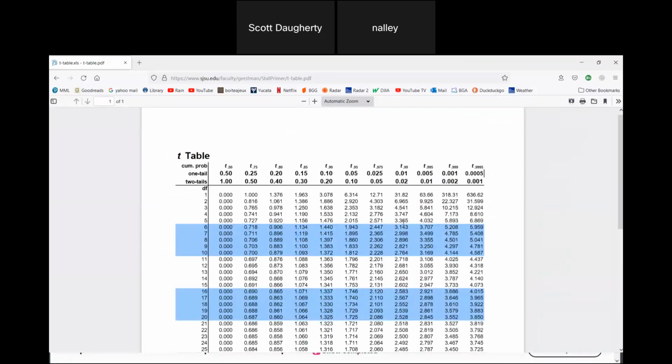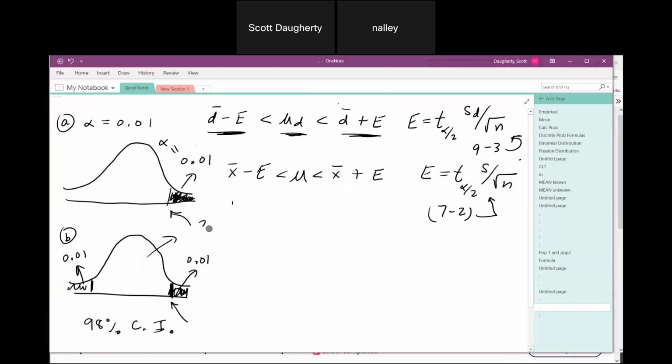And you go down to 5 degrees of freedom, and it's the same number we had before, 3.365. It's no different than our critical value from before. It's the same number on here. That's what this refers to. That's the t-score with this much area to the right of it.